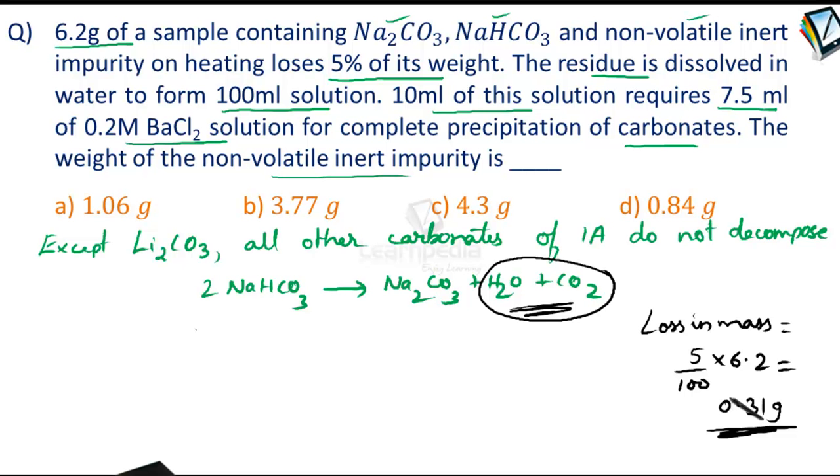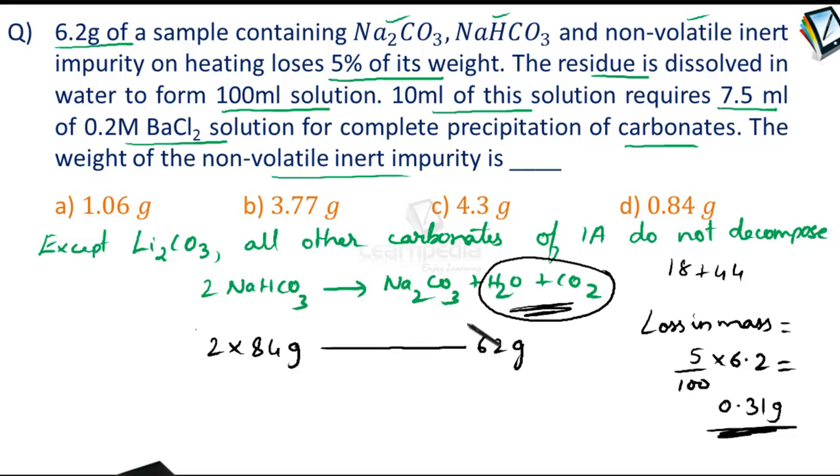Now let us come to the equation. If at all we take 2 into 84 grams of sodium bicarbonate, the loss in mass should be totally because of water, which is 18 grams, and carbon dioxide, which is 44 grams. That is 62 grams is the loss in mass, isn't it?